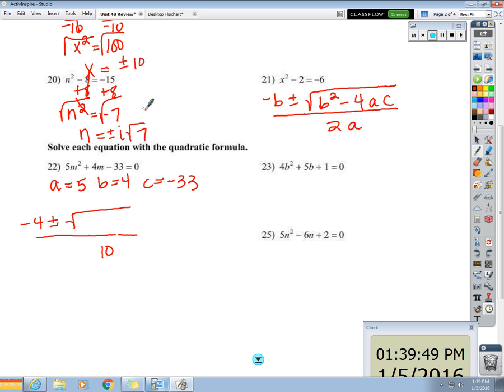Okay, what did it simplify to? Nobody typed it in? 676. Okay, now that you've simplified it to one number and you see that it's positive, go ahead and take the square root of 676.